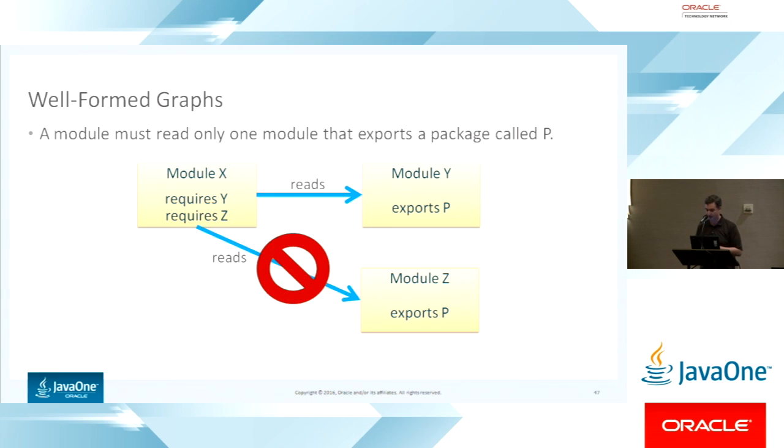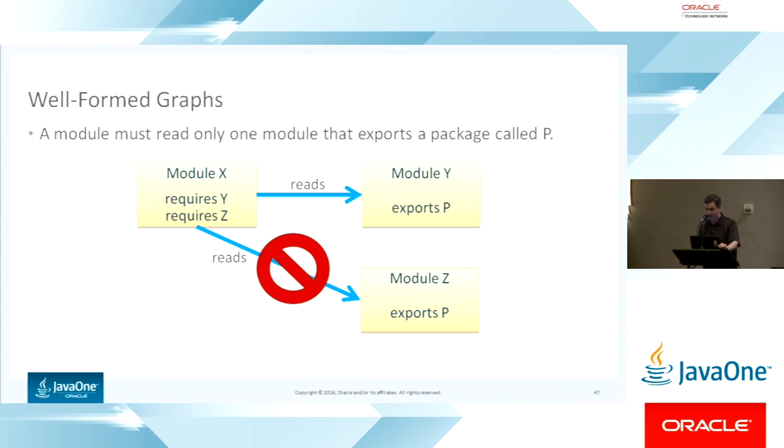Dependencies are reliable when a module can access only one version of a package at a time. There are no split packages like you get when multiple jars on the class path contain potentially different versions of the same package.